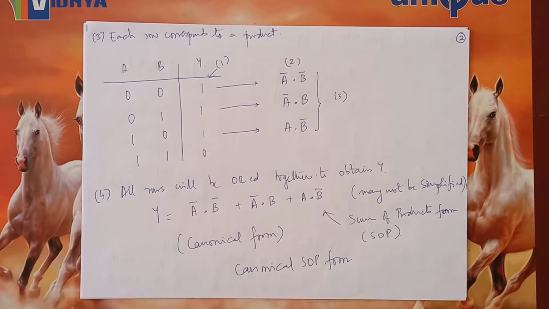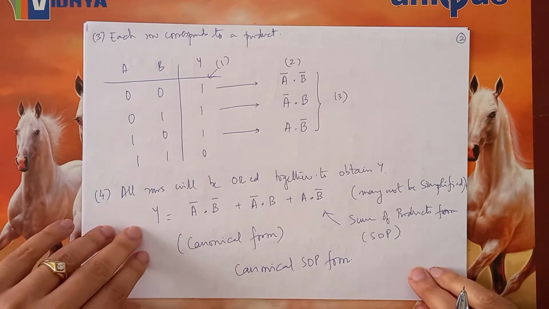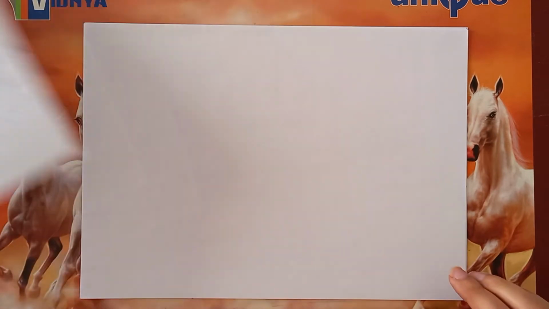Okay, so now let us ask ourselves, just like the way in which we did this by hunting for ones, can we do this by hunting for zeros? Well, we definitely can. So let us take another example.